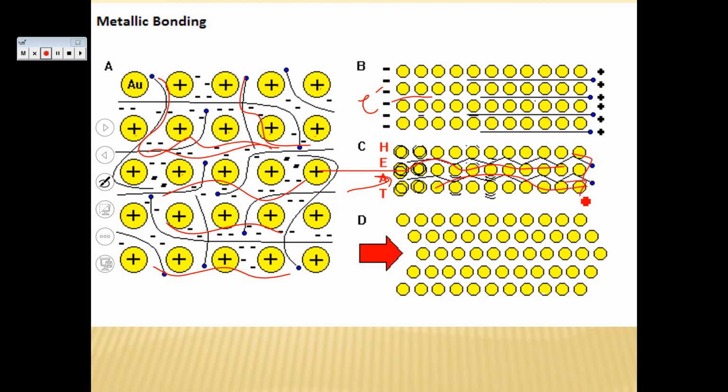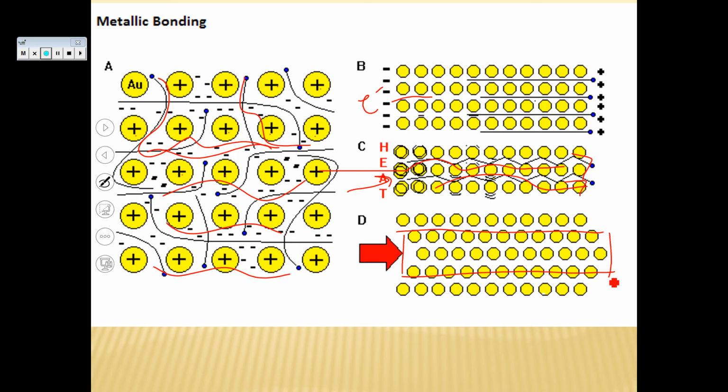D shows how this delocalized sea and the structure of metals gives them their malleability and ductility. We said that malleability and ductility is the flexibility of the metals, because when you shift, say, a section of the metal nuclei, the nuclei are going to shift over. But the delocalized electrons, because they're sharing this sea of electrons anyway, will stay in place.